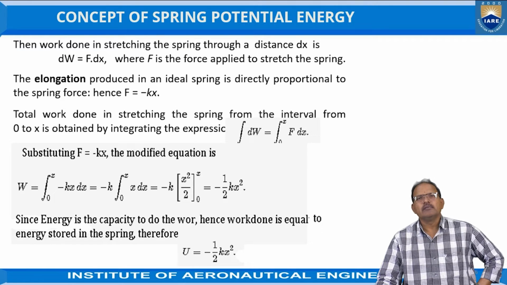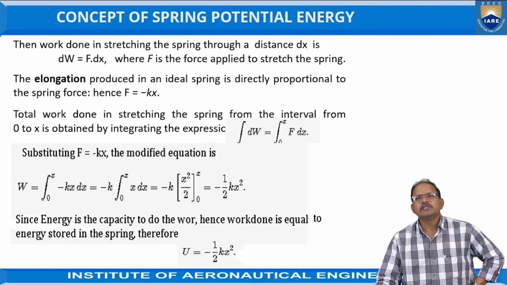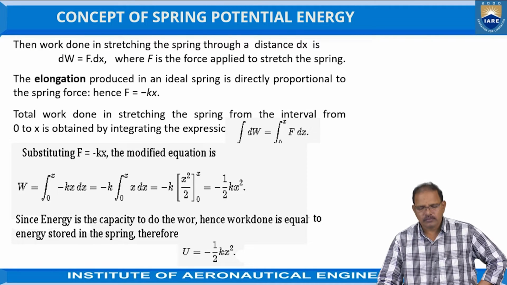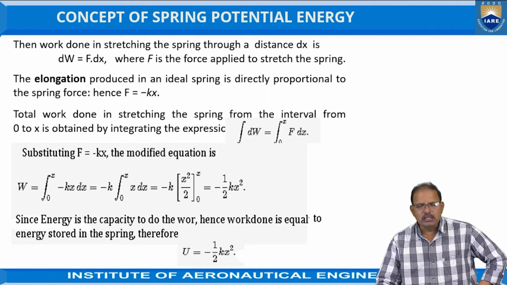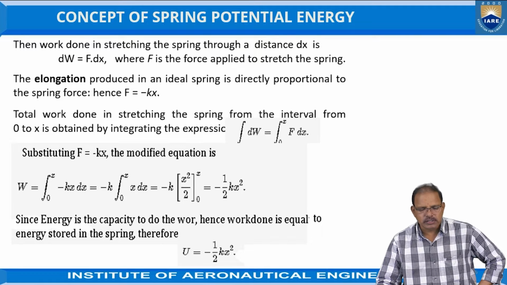By using the integration method, let dx represent a small displacement of the spring when the force F is applied. The work done is given by the product of force and distance.